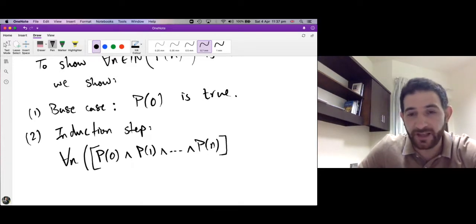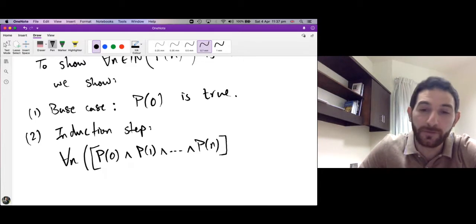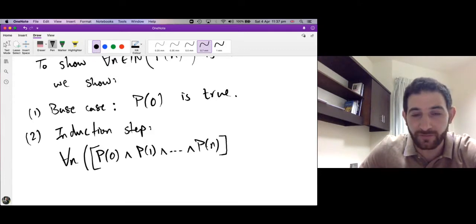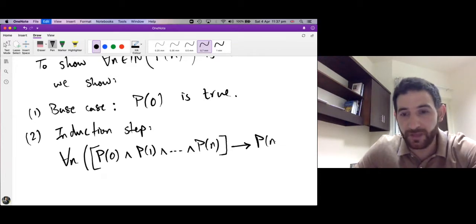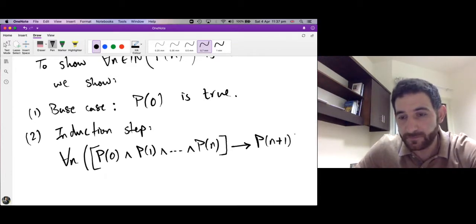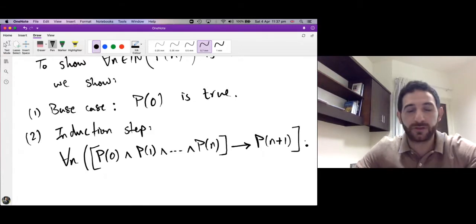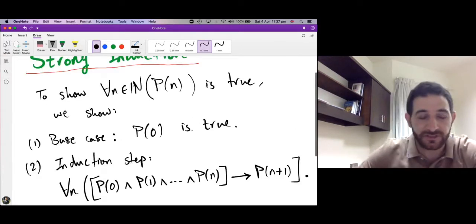So not only n has property P, but all numbers from n and backward till we reach the initial point, all of them have property P. And this is our induction hypothesis. If all of this is true, then we show that P(n+1) is true. So this is what strong induction is.